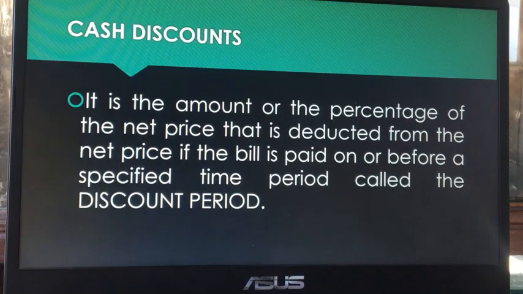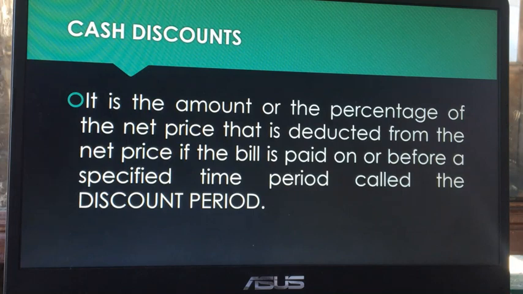Very obvious that the supplier gives the cash discount to encourage the buyers, the ones who purchased, to pay within a time period. Meaning, if you pay the certain amount in a short period of time, a bigger amount of cash discount will be granted.